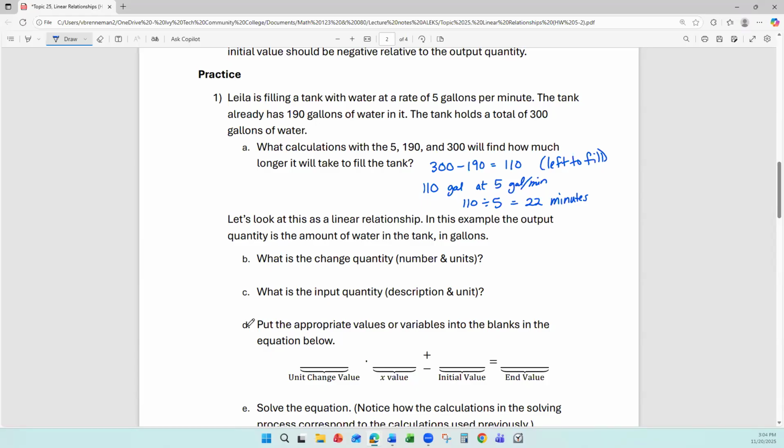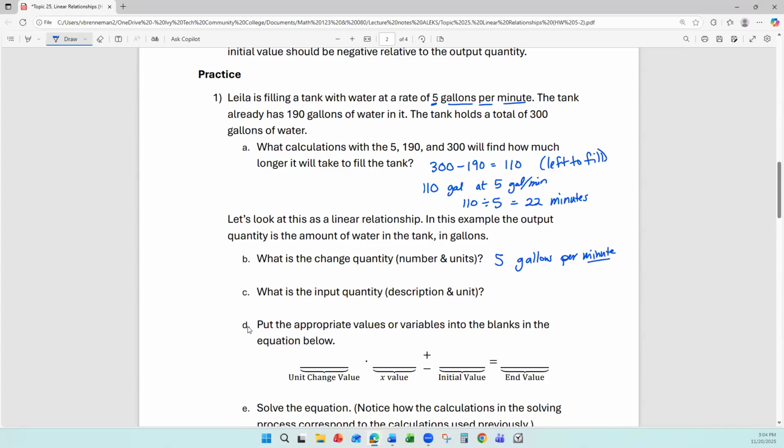So the change quantity, if we look at this, that's the one that has the per units, gallons per minute. So the change quantity is that 5 gallons per minute. The per unit in the change quantity is the input quantity.